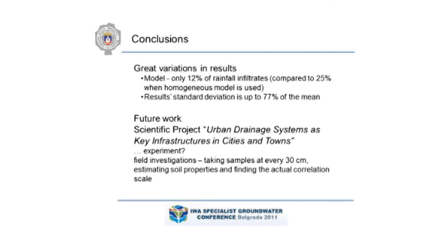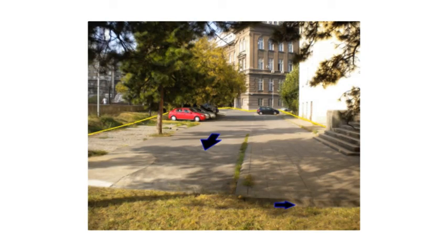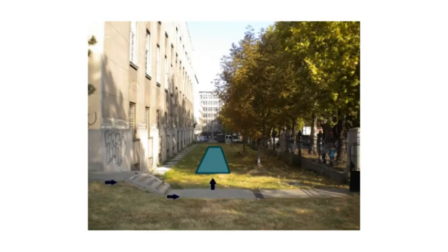We are currently setting up an experimental polygon, an urban watershed in our backyard, where we will take samples of the soil every 30 centimeters to estimate soil parameters and find the actual correlation scale.